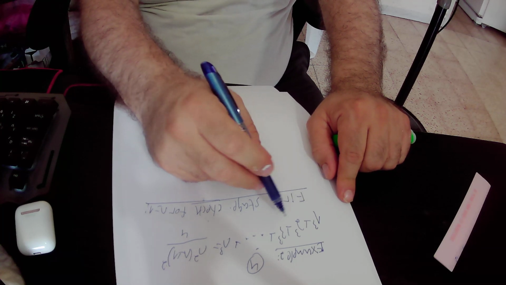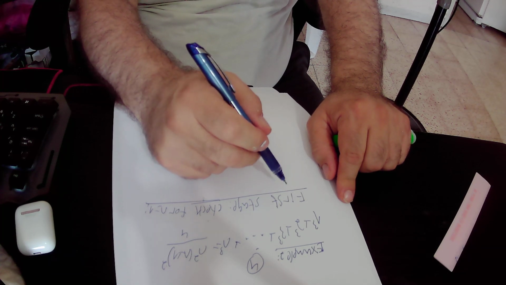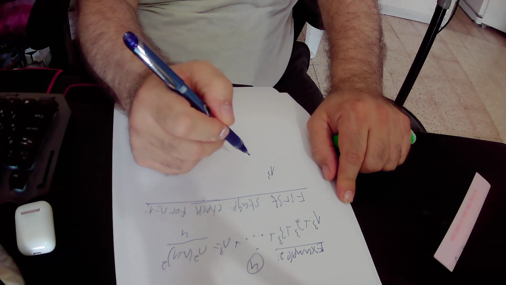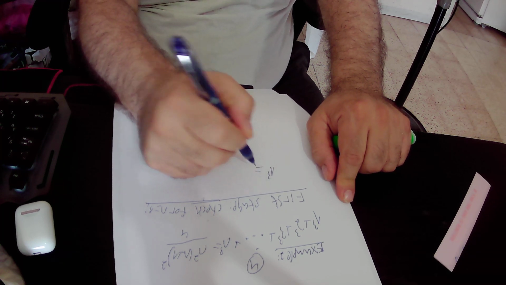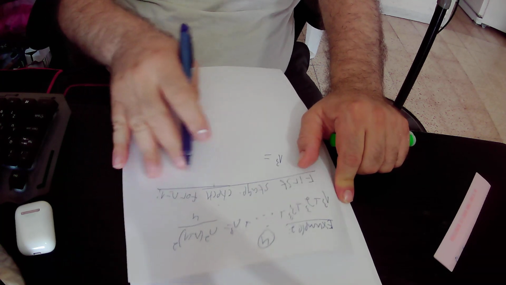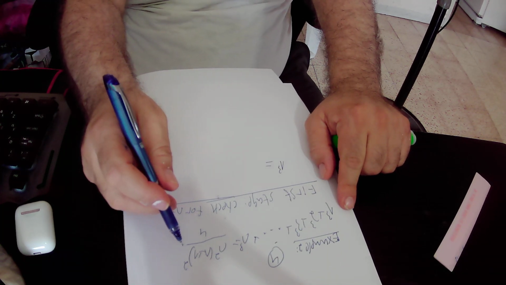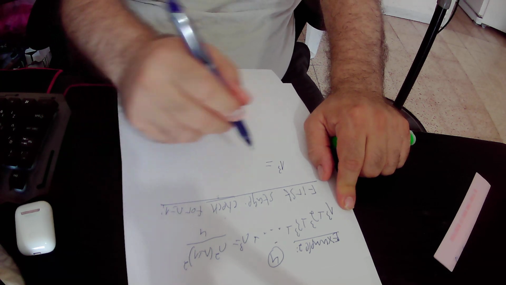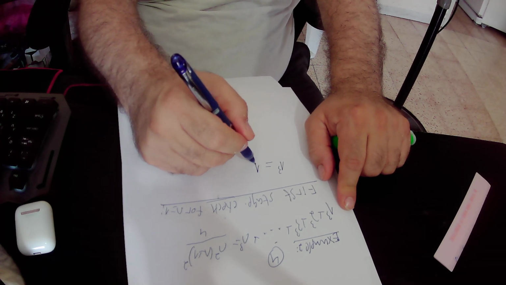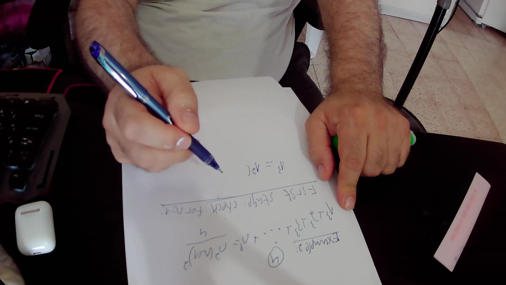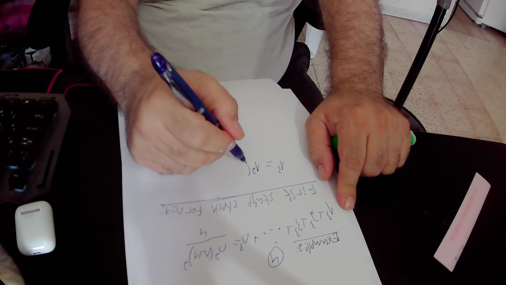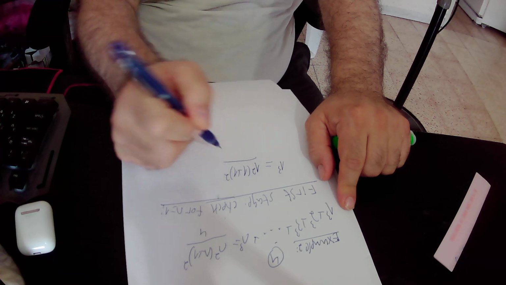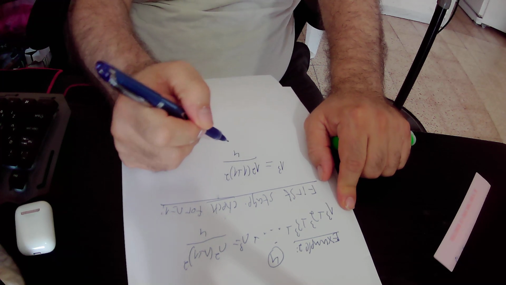So, on this side of the equation, we will have 1 to the power of 3, because n equals 1, equals n squared times n plus 1 squared divided by 4, which will be 1 squared, because n equals 1, times, in the brackets, 1 plus 1 squared, all divided by 4.